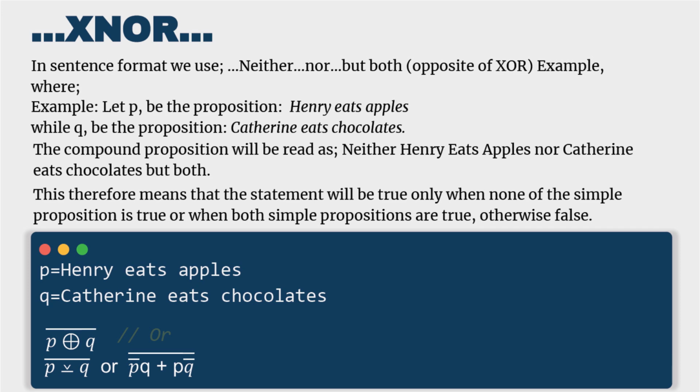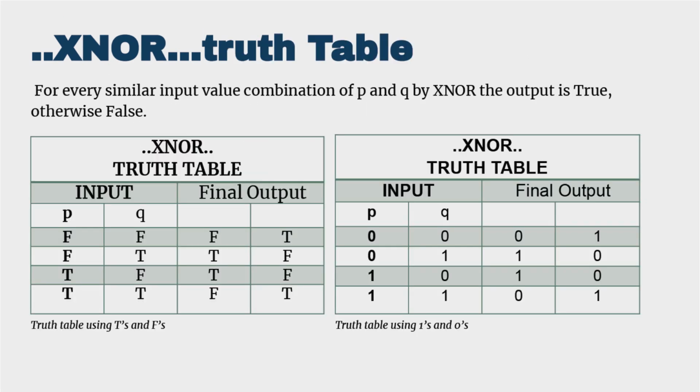If P was 0 and Q is 0, then the final result will be true. And if Q is 0 and P is 1, the result will be 0.